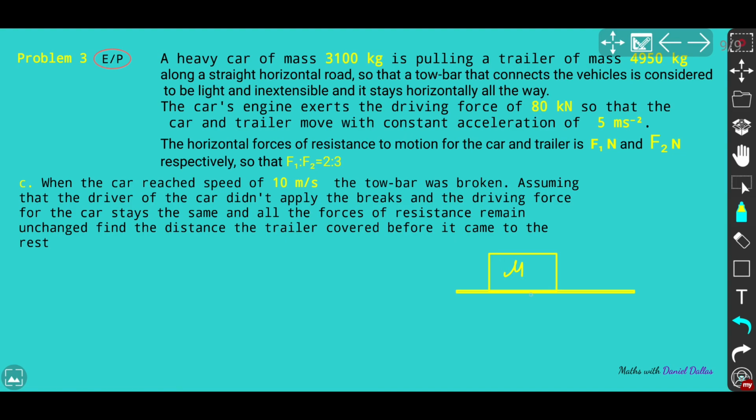So its initial velocity is to the right, and the trailer keeps moving on its own without any tension force applied. All forces of resistance remain unchanged, so it's still under the impact of the force of resistance. In our case, it's going to be F2. We've calculated F2 as 48,600 newtons.